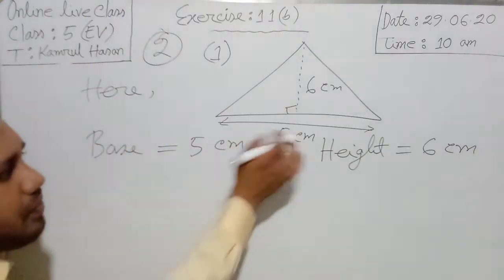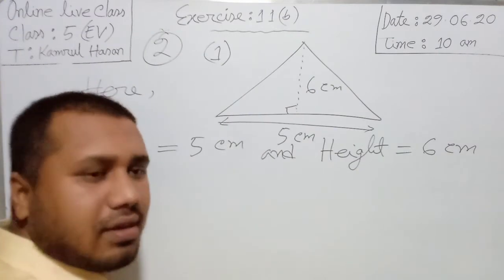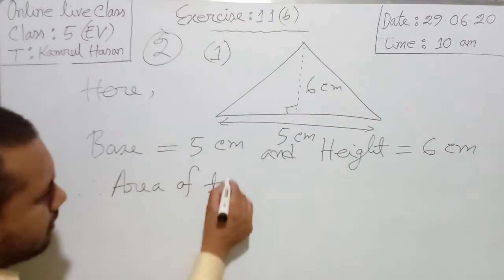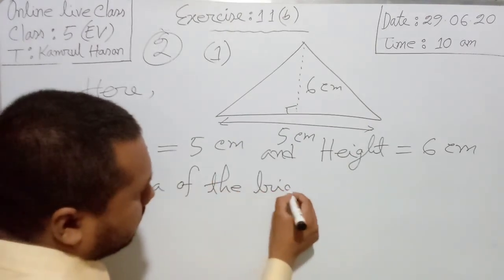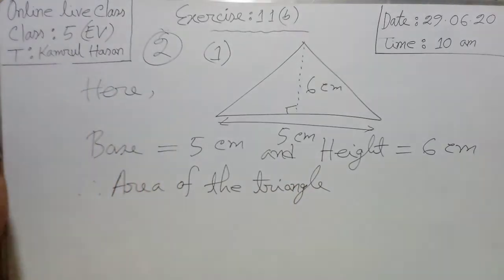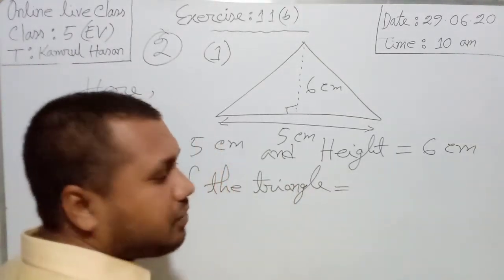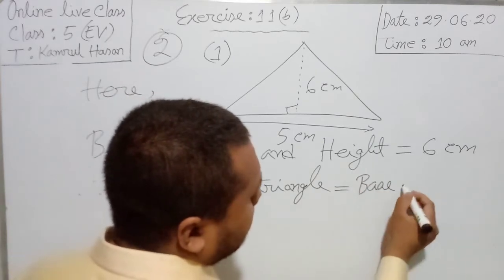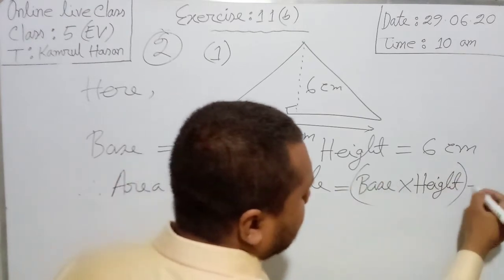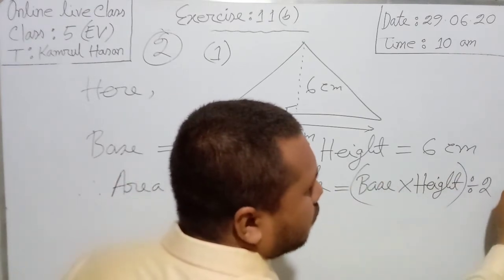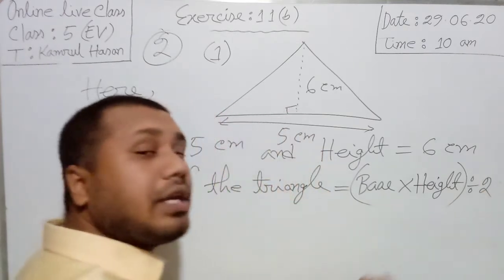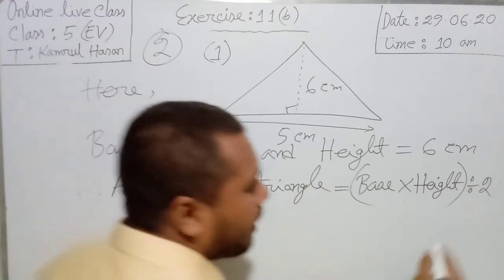Therefore, the area of the triangle. We know this is a triangle. Clear? So the area of the triangle equals, we know the formula, base into height divided by 2. The unit will be square meter, or you can write square centimeter. But when you write the formula, you need to write square unit.